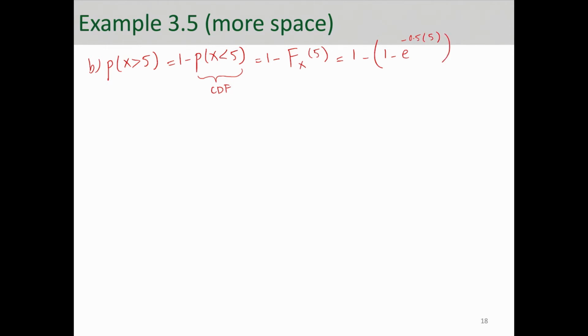If you do the math here, you will see that it's e to the negative 2.5, which I believe is equal to 0.082. Double check that. So that's how you calculate probabilities using the CDF.